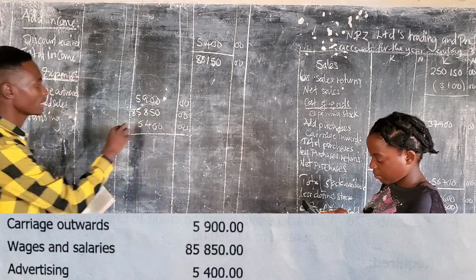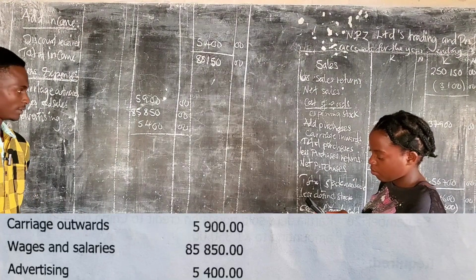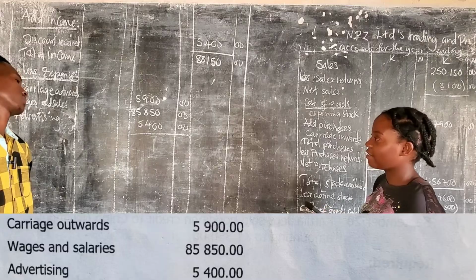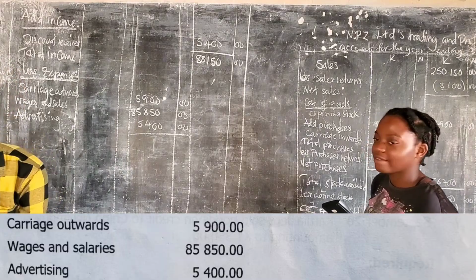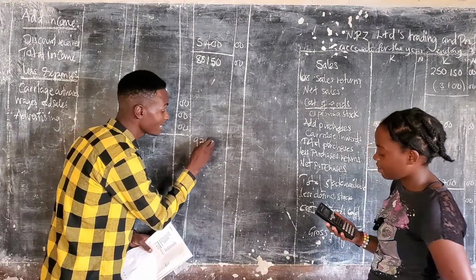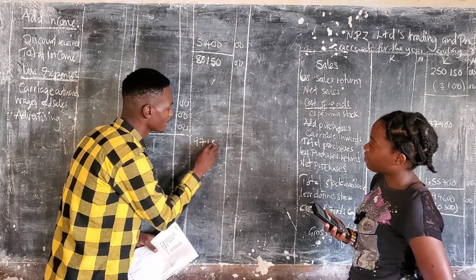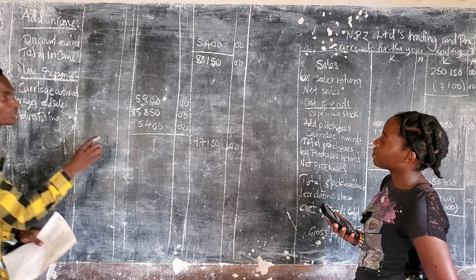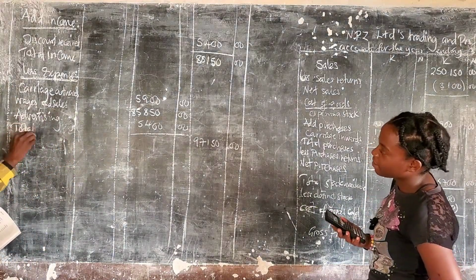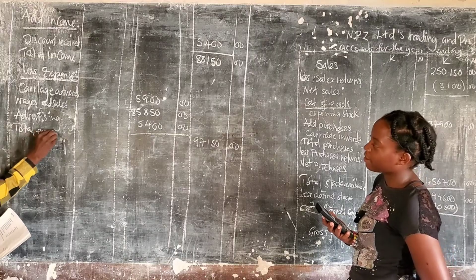Add for me these expenses. 97,150. Right? What do you call that figure of all the expenses? Total expenses.